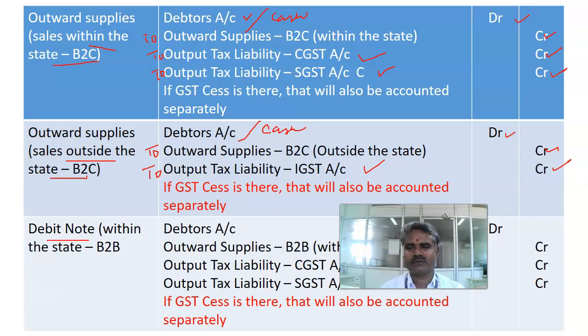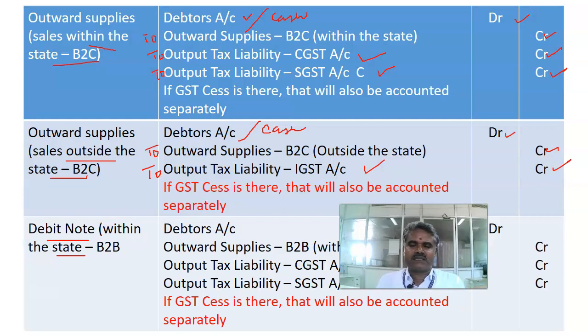Then debit note within the state. Debit note is nothing but the additional invoice raised by the supplier to the customers. When the supplier issues a debit note, your tax liability is increased. Usually, the supplier mentions the wrong number of units in your invoice instead of the actual supply, or the wrong amount of quantity or value is mentioned in your supply invoice instead of the original value, and sometimes they charge lesser GST instead of the actual rate.